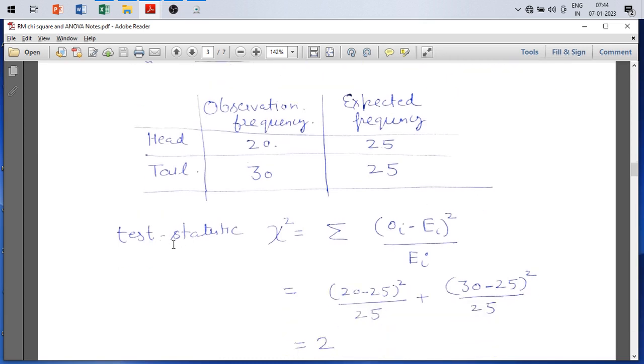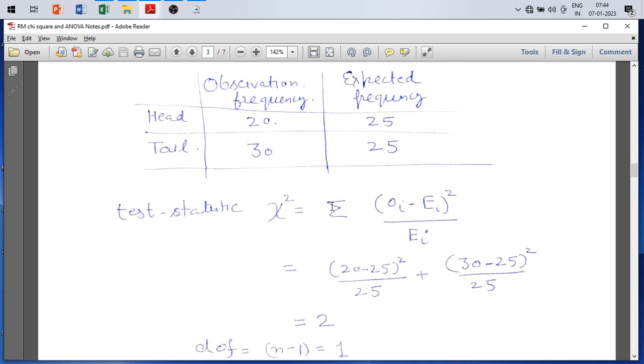Then we work out the test statistic, the chi-square statistic in this case, defined as the summation of (observed frequency minus expected frequency) squared, divided by expected frequency, summed over all terms. In this case, we have just two categories, head and tail.